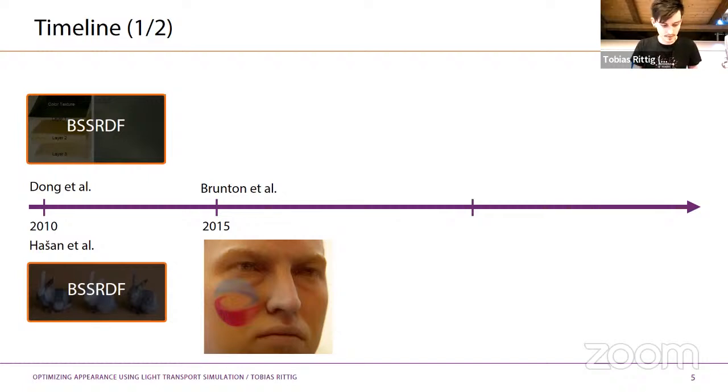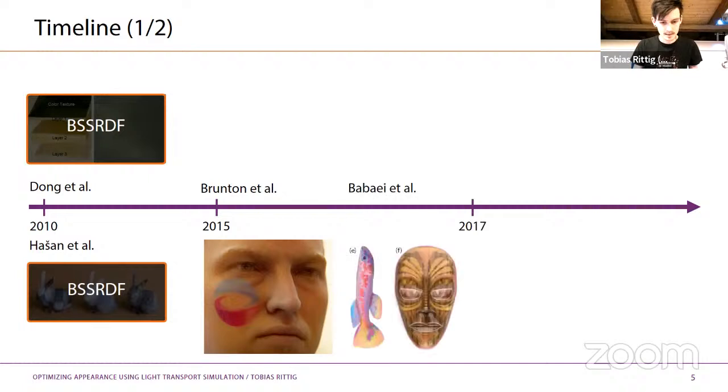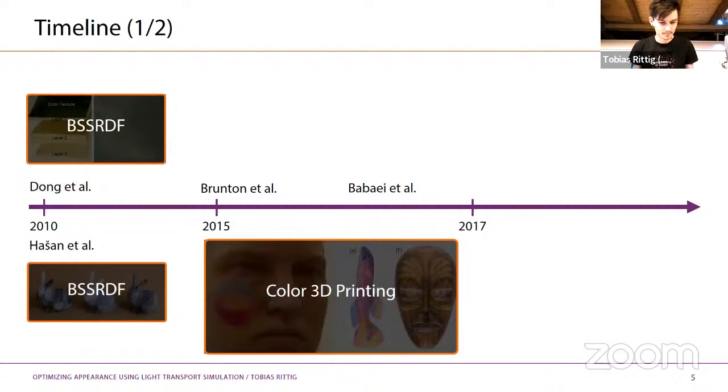So this is the goal of most of these early works. Similarly, Babaei et al. also tried to reproduce colors in a certain way using the printer's materials. The difference between these 2 methods is that the newer method, Babaei et al., tried to stack materials on top of each other, whereas Brunton et al. placed the discrete materials next to each other, and both have their advantages and disadvantages. So I would put these into the color 3D printing category, the early works of that.